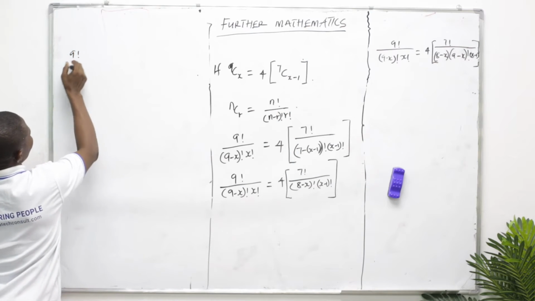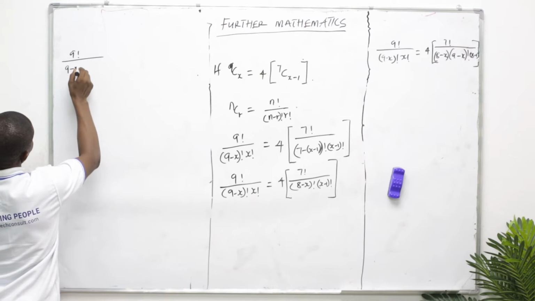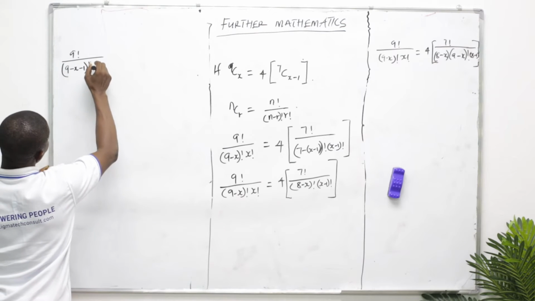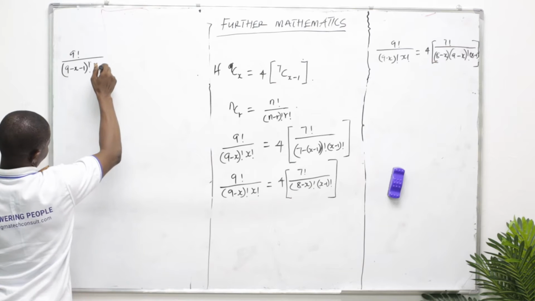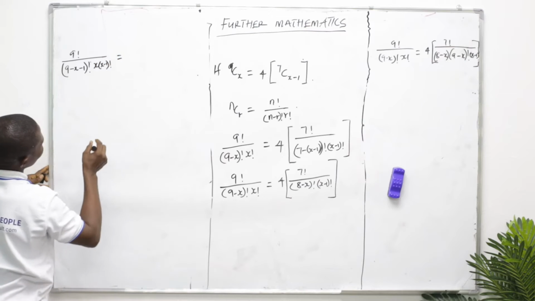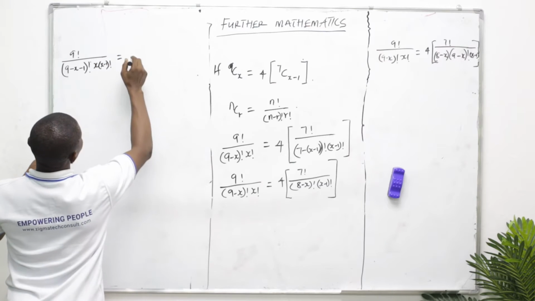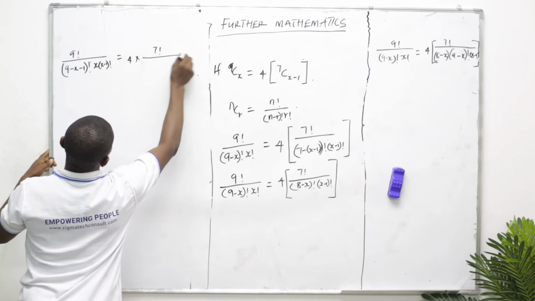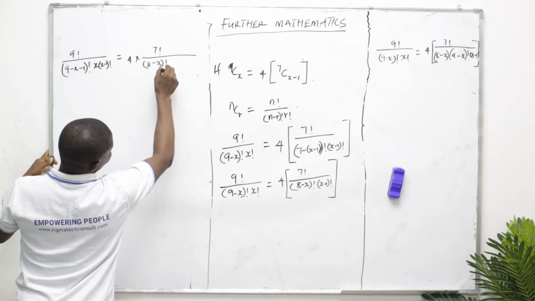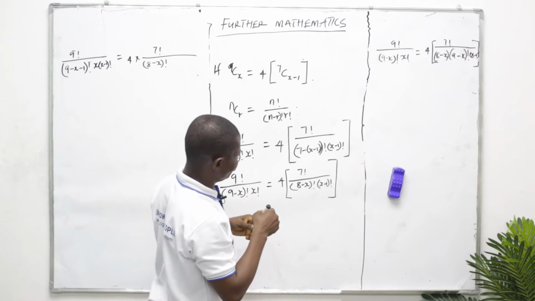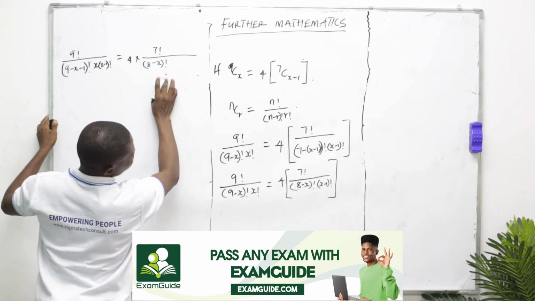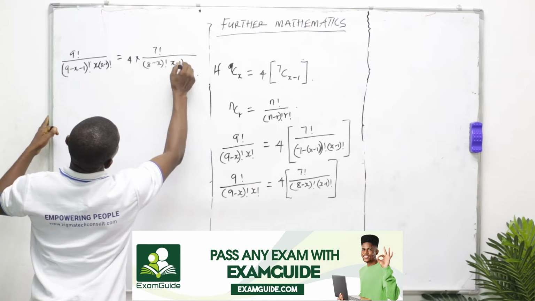This is 9 factorial all over 9 minus s minus 1, the thing will decrease, all factorial into s factorial, meaning s into s minus 1 factorial, okay, equals 4 multiplied by 7 factorial all over 8 minus s all factorial into s minus 1 factorial.